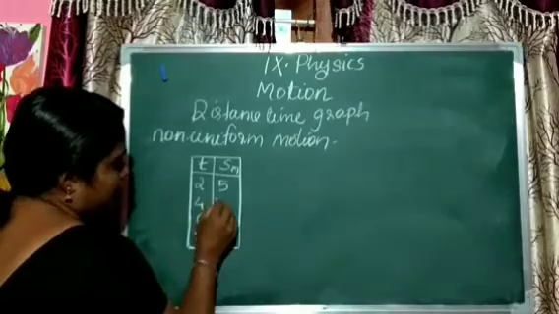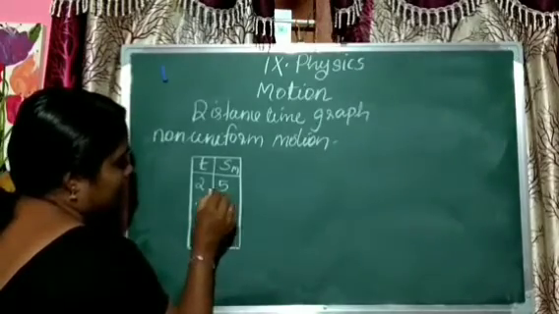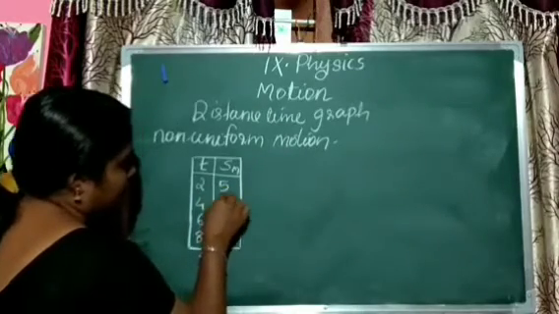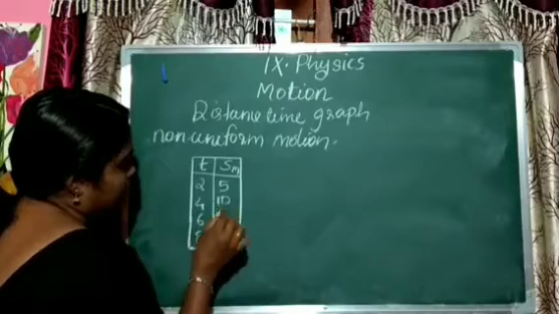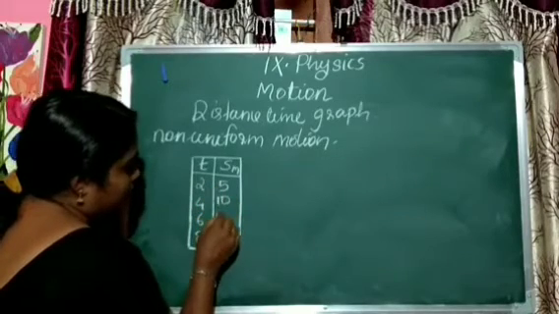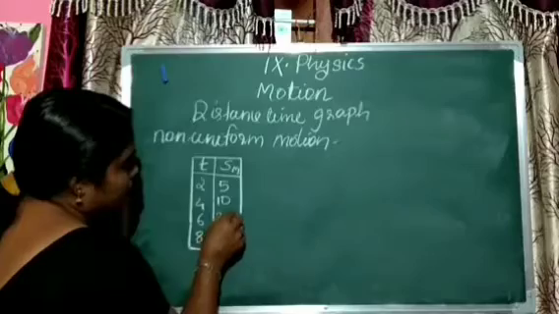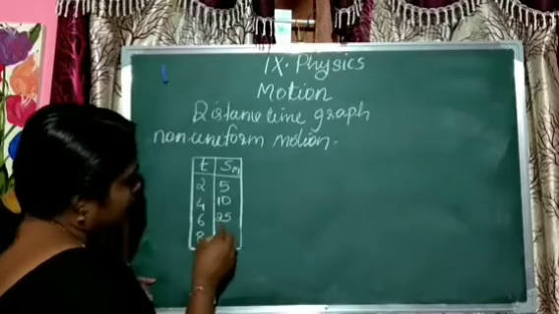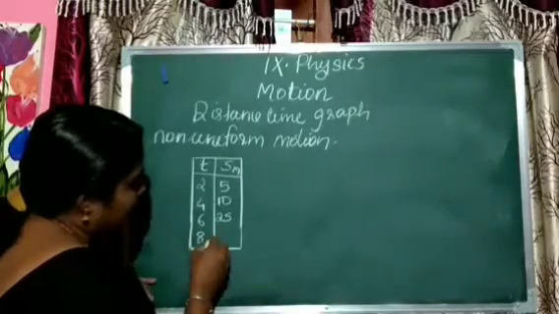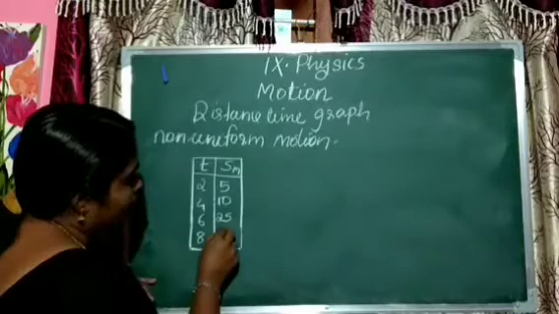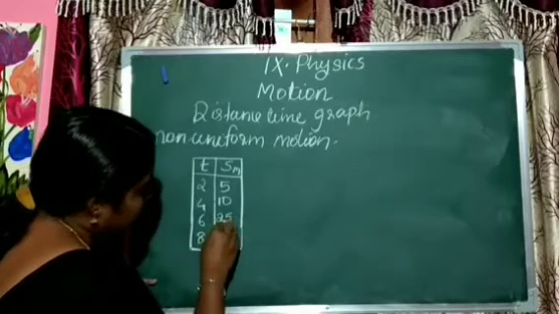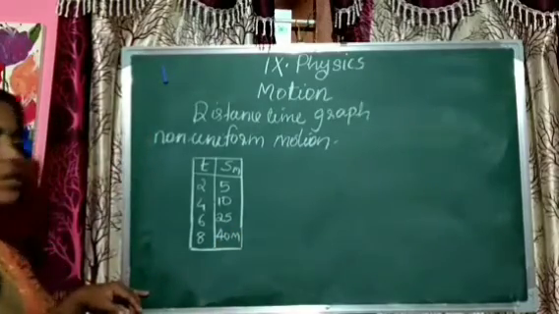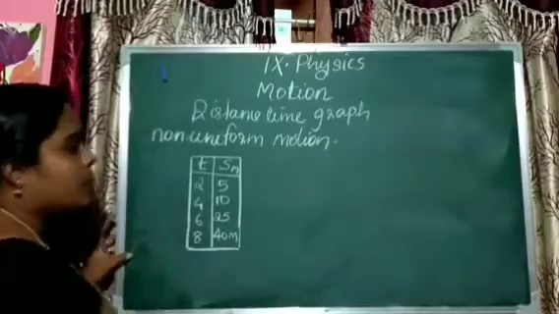Then after 4 seconds it travels a distance of 10. Next, after 6 seconds the speed increases and it travels a distance of 25 meters. Then after 8 seconds it travels a distance of 40 meters. So this is the data and by using this we can plot a graph.